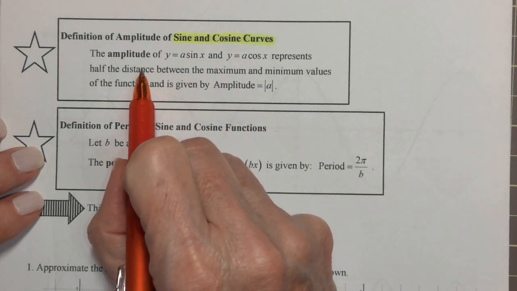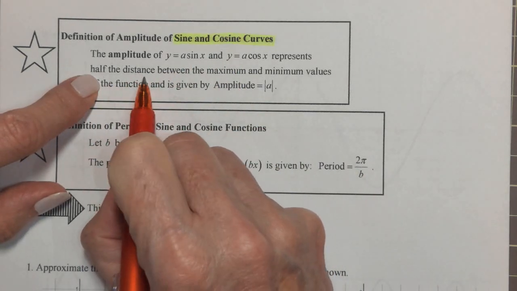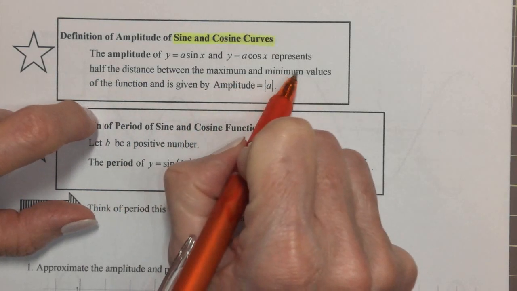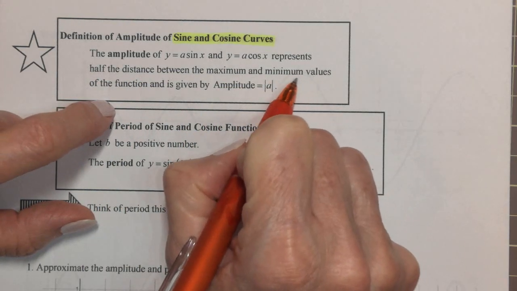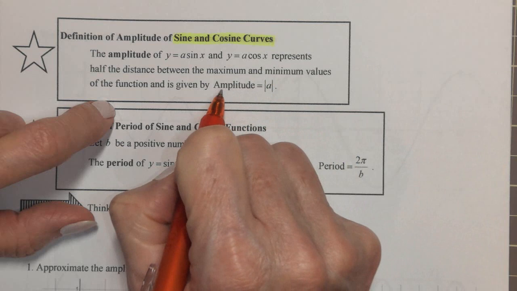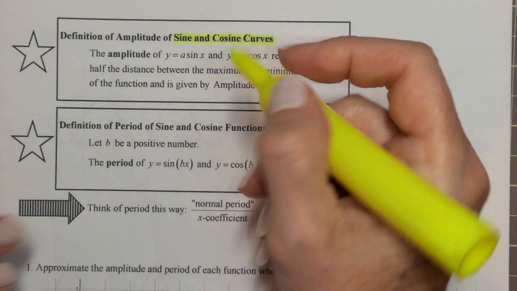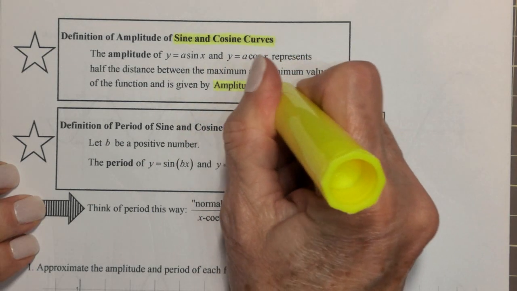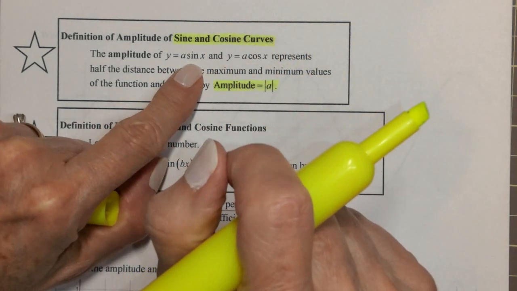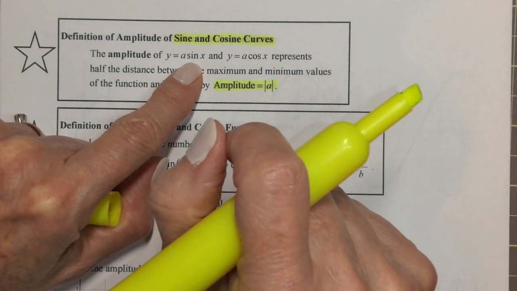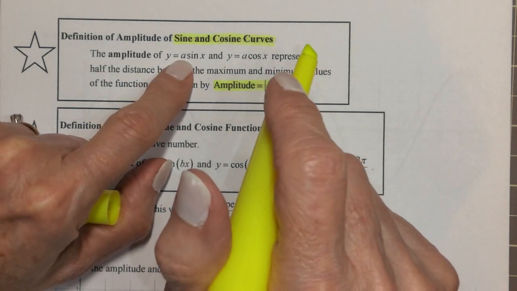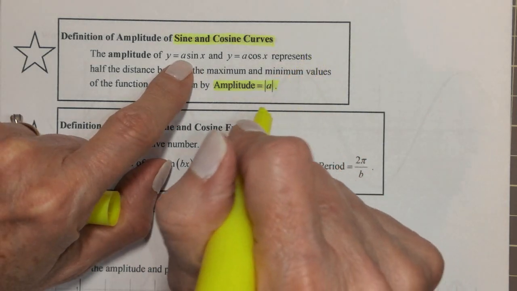The amplitude is half the distance between the max and the min values of the function. Amplitude is the absolute value of a when your function is in this form. So if you just have y equals sine x, the amplitude is 1.